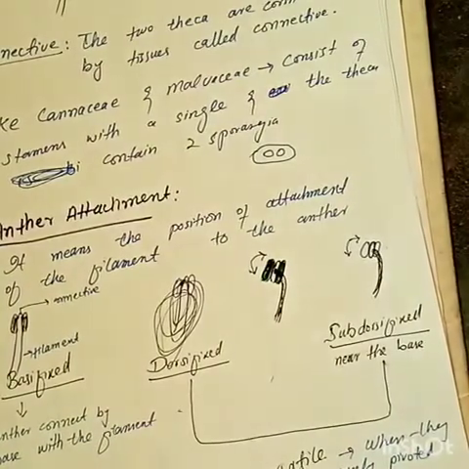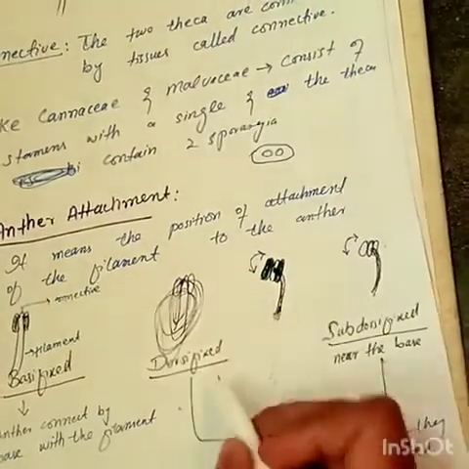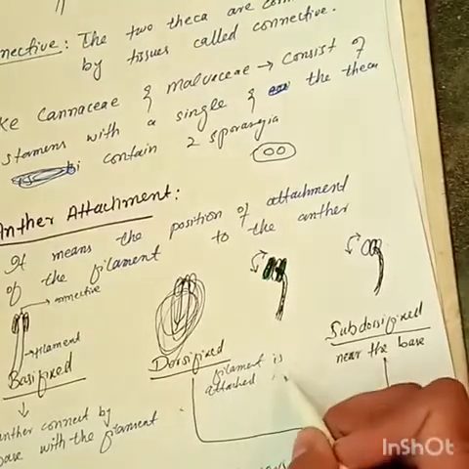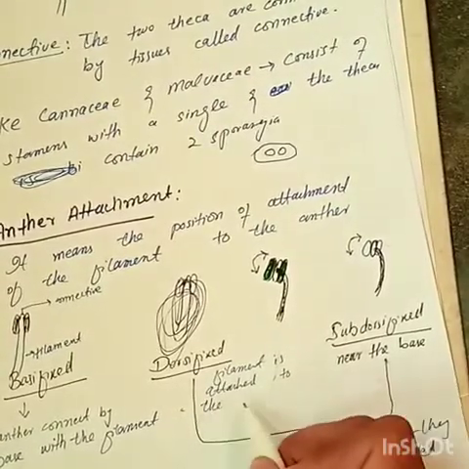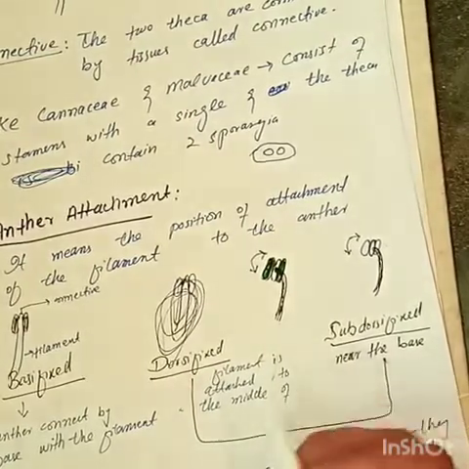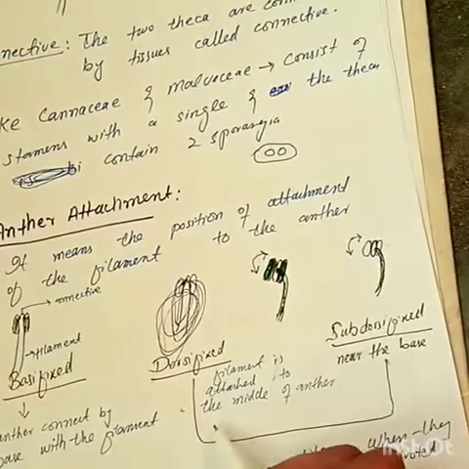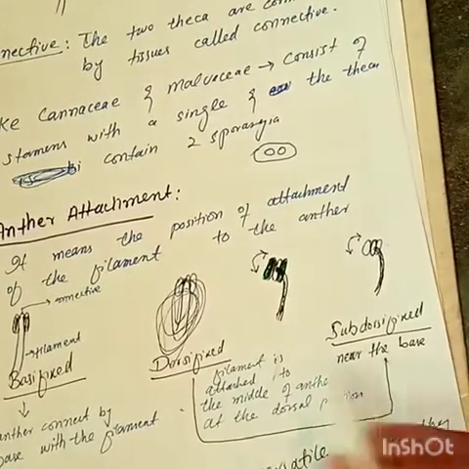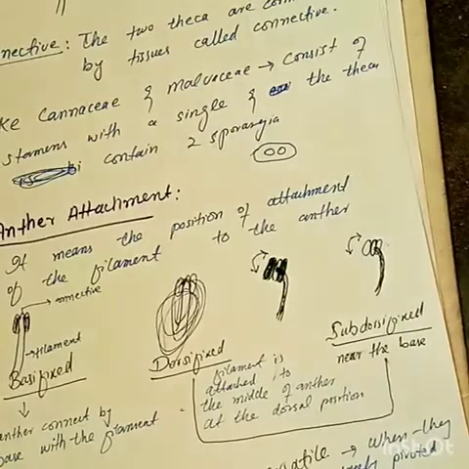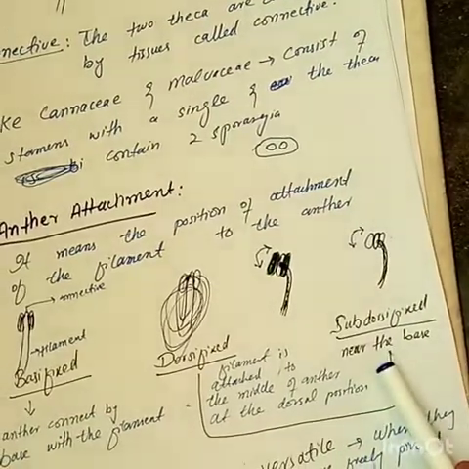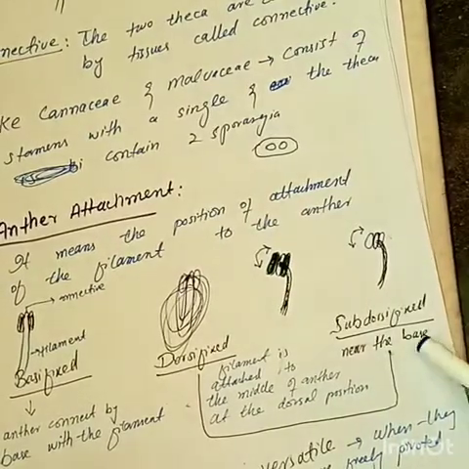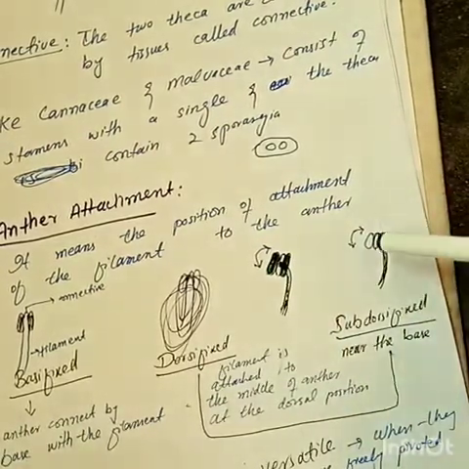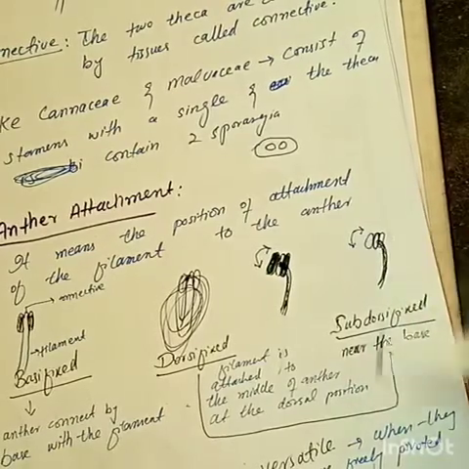In dorsi-fixed, the filament is attached to the middle of the anther at the dorsal position, while in subdorsi-fixed anther attachment, the filament is attached to the dorsal side of the anther, but near the base.